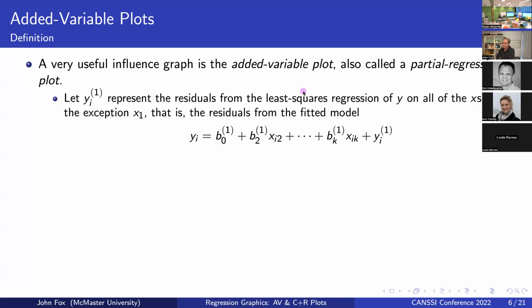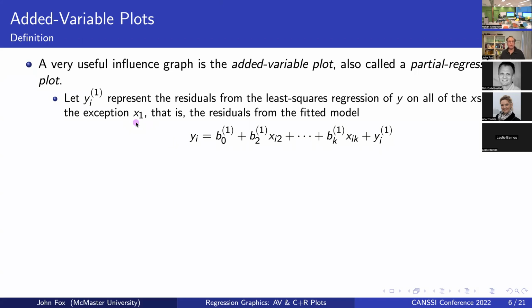And in least squares regression, the construction of a partial regression plot or added variable plot is very simple. First, we take the response variable in the regression, and we're going to focus on a particular regressor in the model, maybe an explanatory variable, or it may be one regressor in a term, such as a polynomial regressor or a regression spline regressor or an interaction regressor.